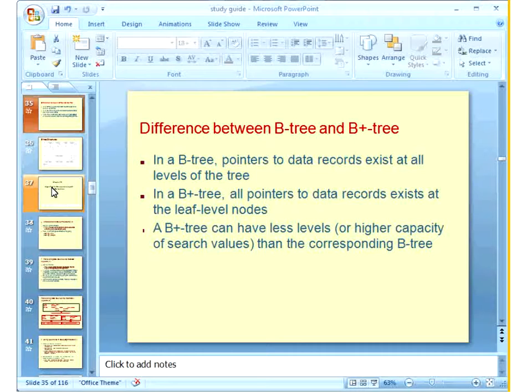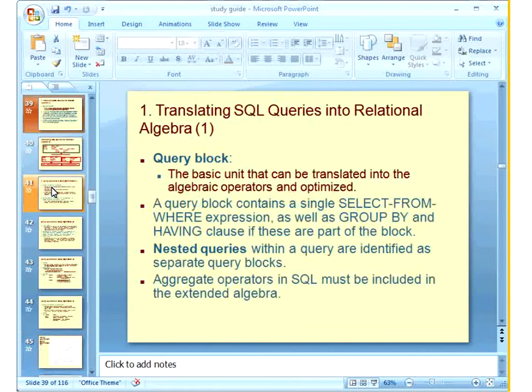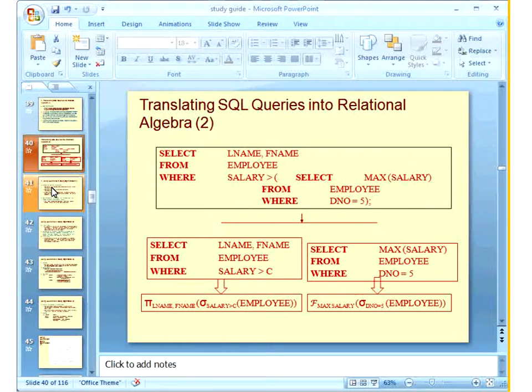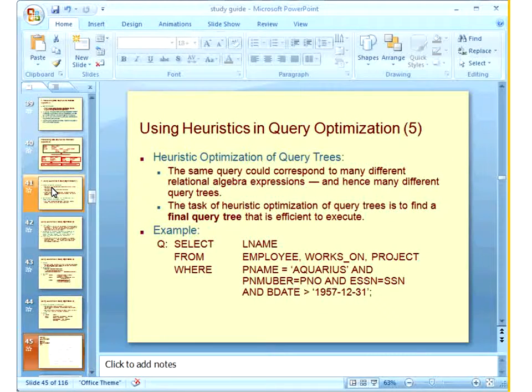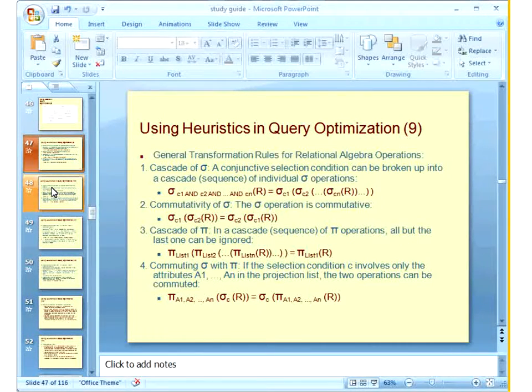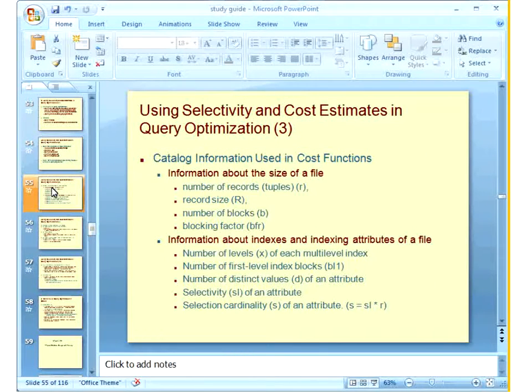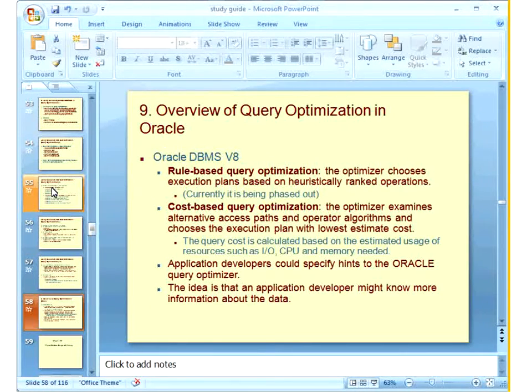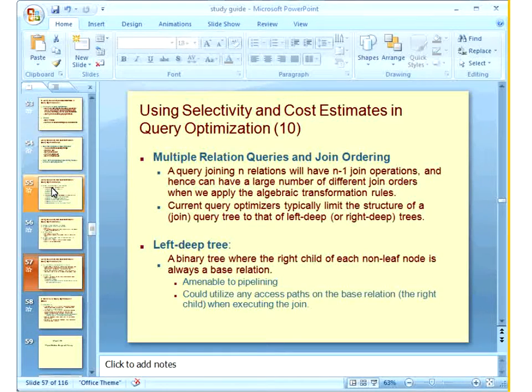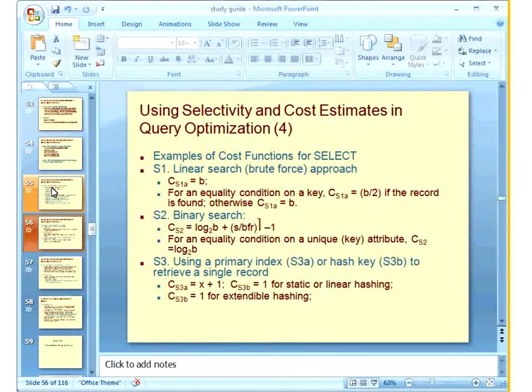After or before? No, after it. Tell me where to stop. Okay, here. No, before. This is there, yeah. That's the one.